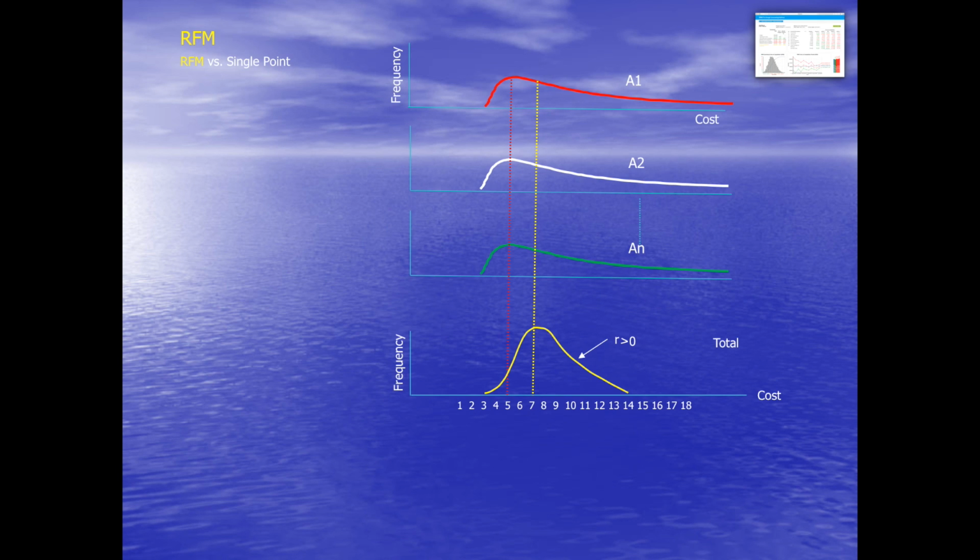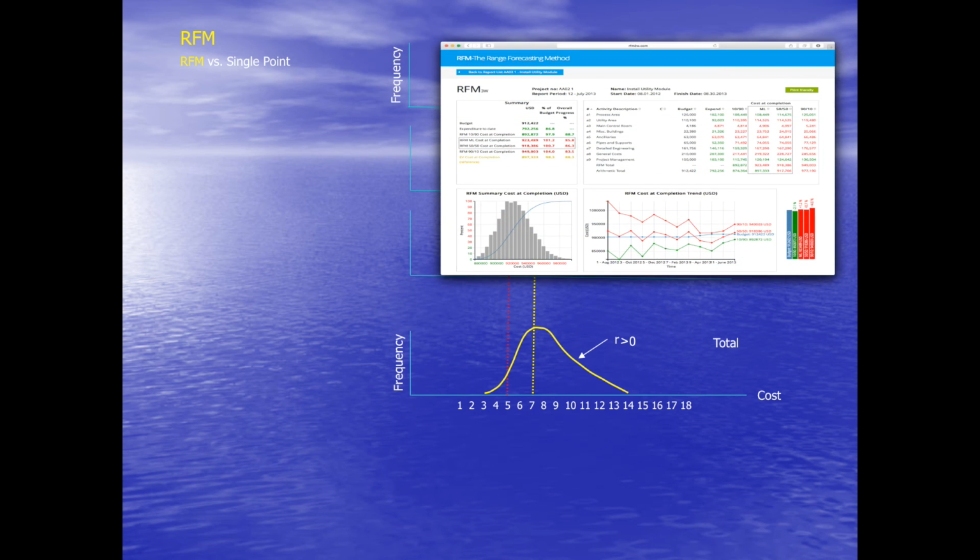I'd like at this point to present the report screen, which you've seen as a small icon on the top right hand corner of these presentations. And the reason why I'd like to show it now is that I can then point out exactly what these different things are. This is the result of all the calculations, and in the RFM screen report it will look like this.